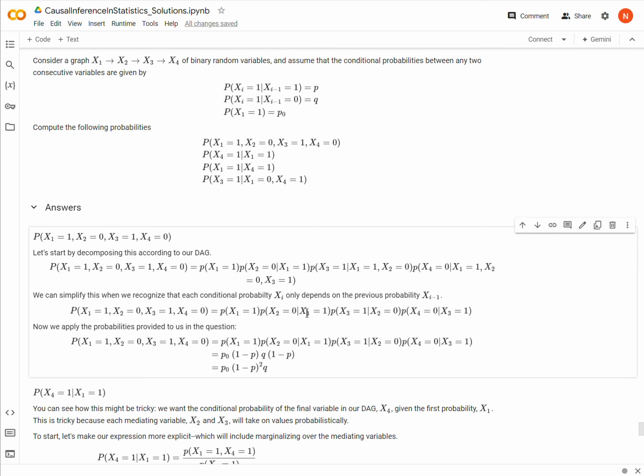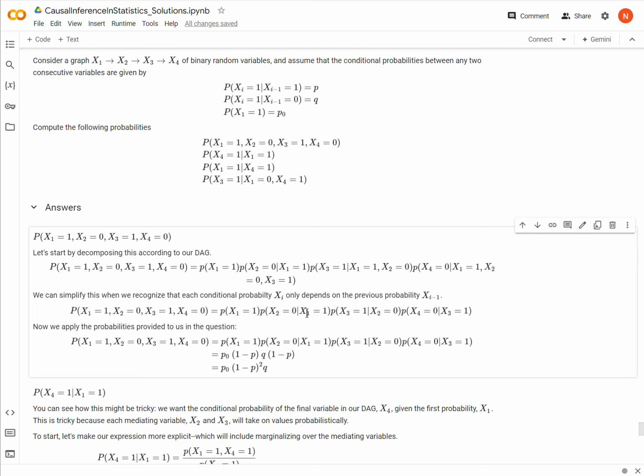The probability that any variable equals 0 given that the previous one equaled 1 is not p, it's 1 minus p, because here we have x2 equals 0 given that the previous one equaled 1. So this is not p, it's 100% minus p.